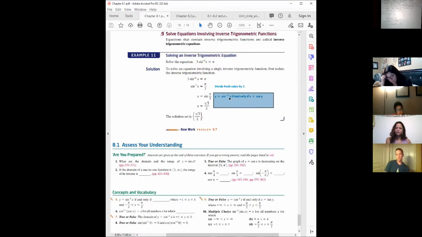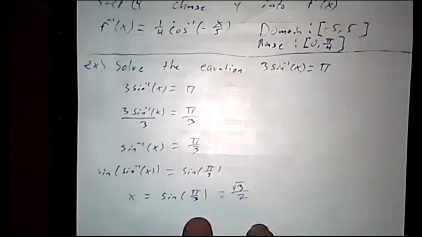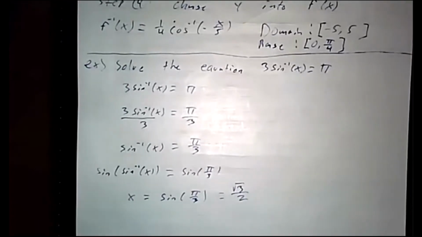The definition says x equals sine y means y equals sine inverse of x. So you could go this route. It's up to you. I like this way better, but I don't care how you do it, as long as you get there and it makes sense.